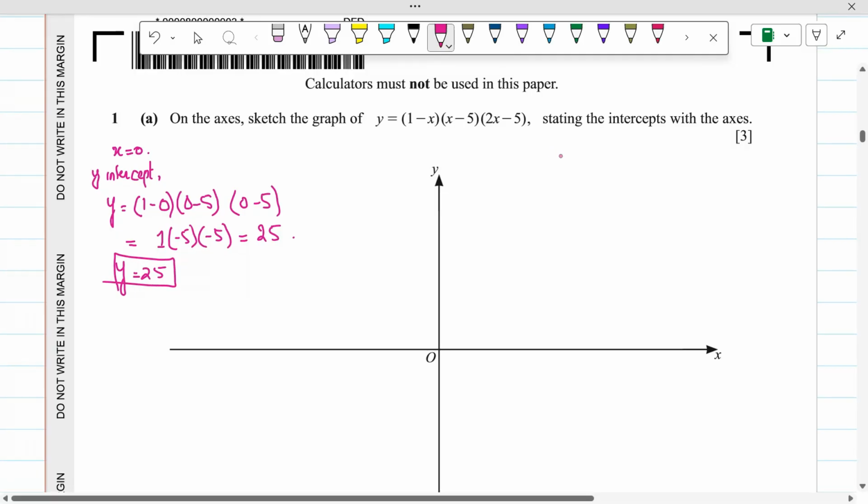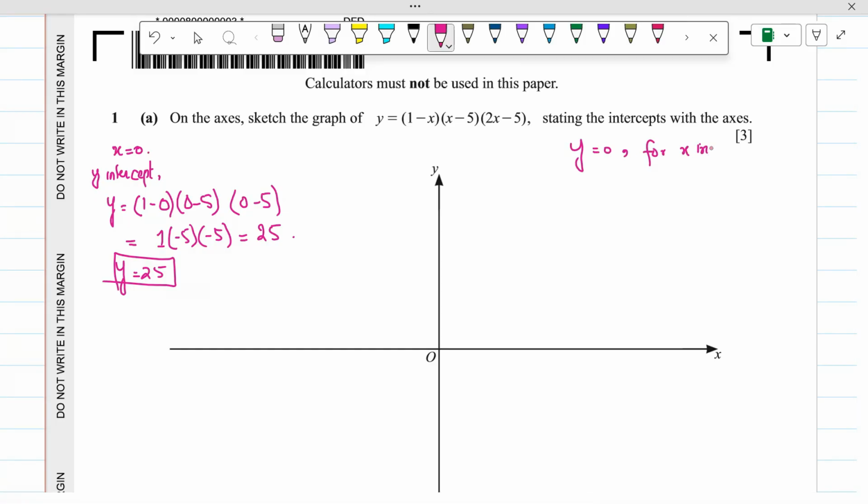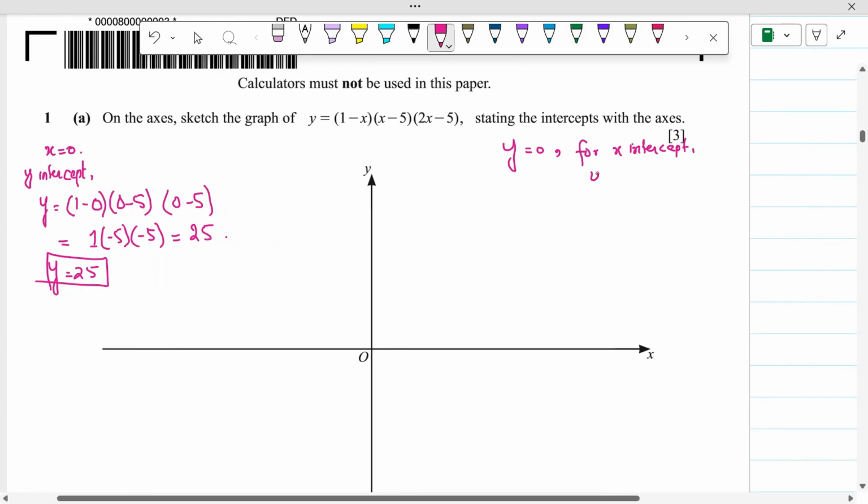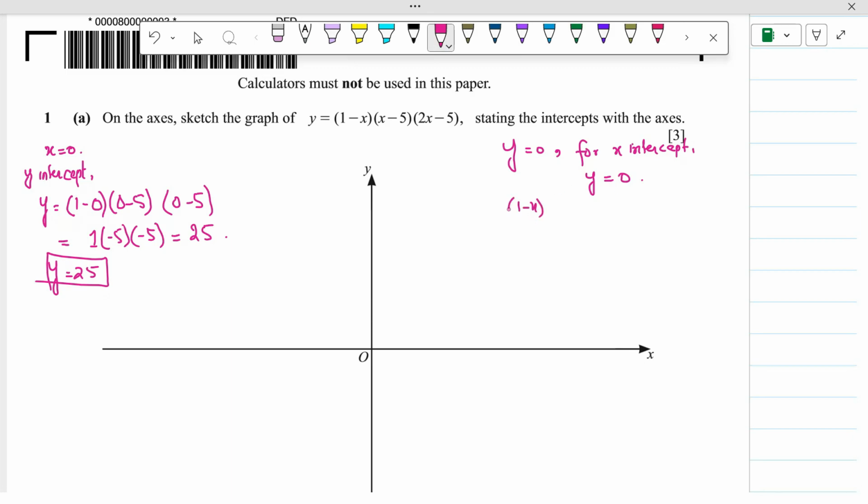Now we need to find the x-intercepts. To calculate them, we use y equals 0. So (1 minus x)(x minus 5)(2x minus 5) equals 0.